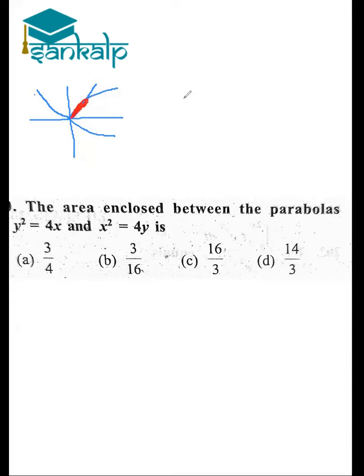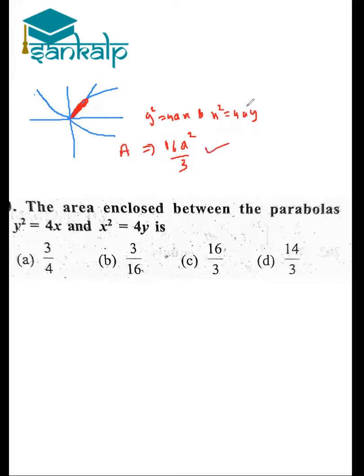So to calculate the area between the two parabolas, we are using the direct result. So if equation of the two parabolas are y square is equal to 4ax and x square is equal to 4ay, then the area between the two parabolas is given by 16a square upon 3. So this is the direct formula to calculate the area between the two parabolas.